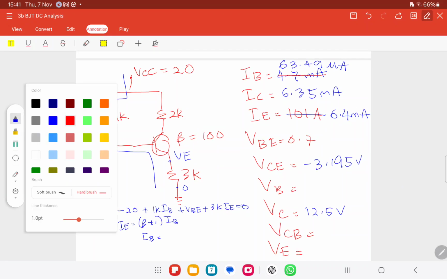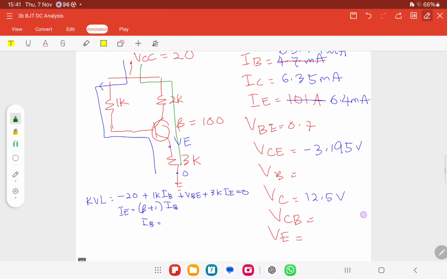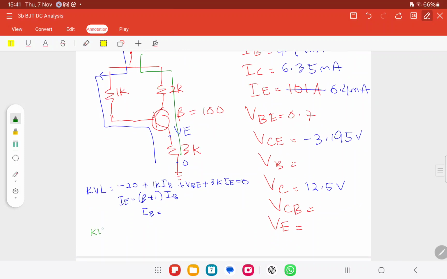Okay, so itu KVL yang tu. So kita buat yang belah sini pula. Okay, KVL yang kedua. Minus 20 plus 2K IC plus VCE plus 3K IE equals to 0.